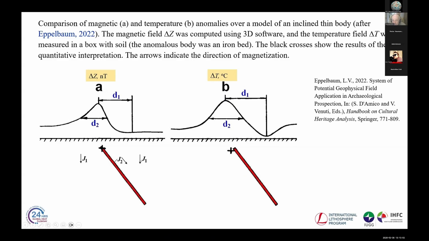The thermal model was physically observed in a tank, where we have the soil and an iron bed. We have an analogy: thermal anisotropy or thermal polarization along this iron body. We have a similarity of these anomalies.